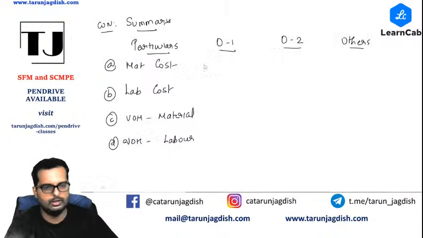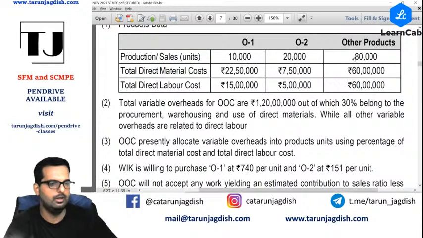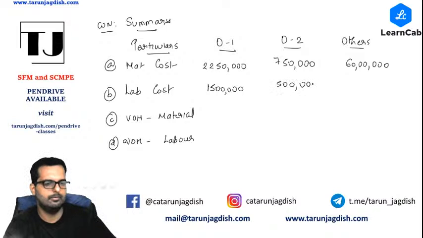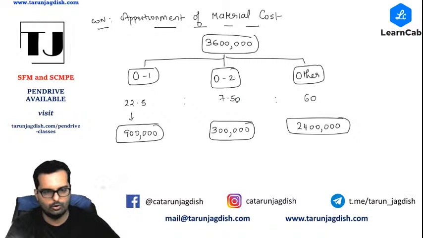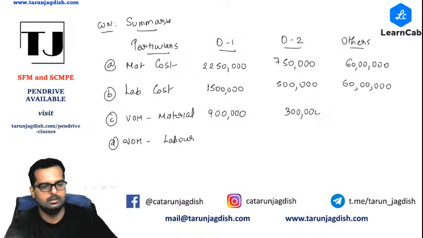Let us write down this first. 22,50,000, 7,50,000, 60 lakhs. Okay. 15 lakh, 5 lakh, 60 lakhs. Variable overhead material, I think we got over here 9 lakh, 3 lakhs, 24 lakhs.